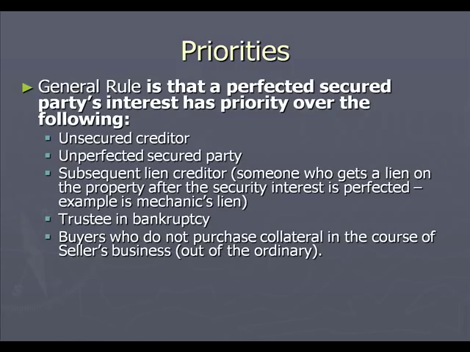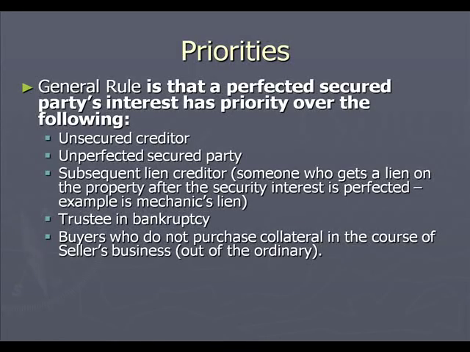So that would be a mechanic's lien. And if that lien happened after somebody already had a security interest in that car and that security interest were perfected, the perfected security interest holder would win out over the mechanic who is keeping the car to wait for you to pay for repairs.